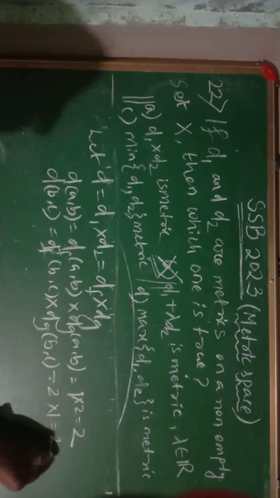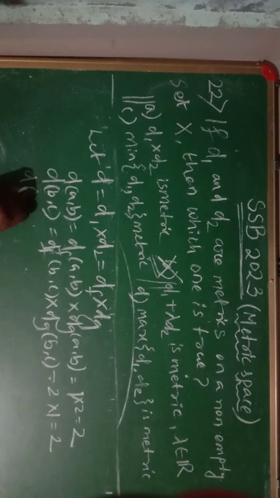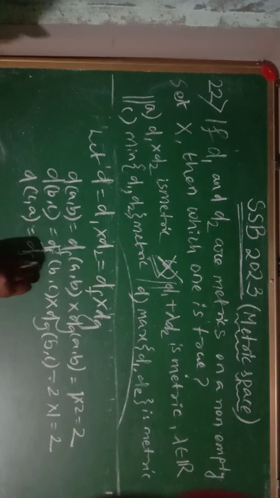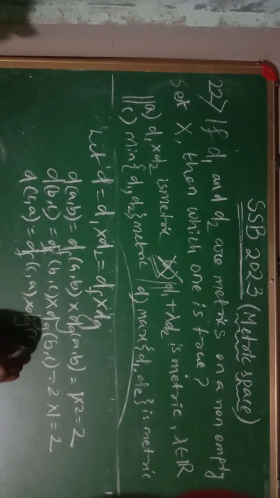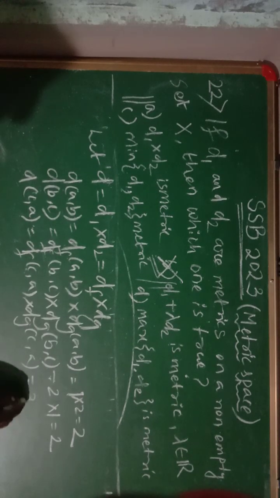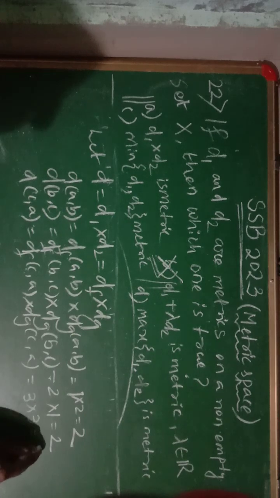The value is also 2. Similarly, D of C comma A equals DF of C comma A cross DG of C comma A, which is 3 cross 3, equal to 9.